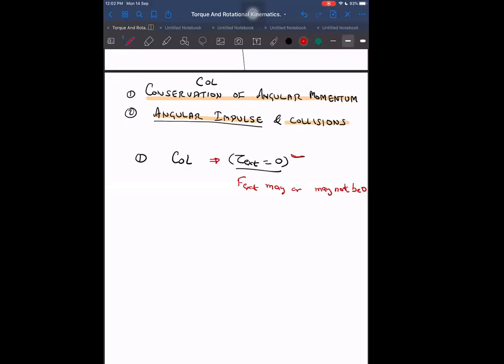Yes, because due to external force, torque may or may not be 0. Sometimes external force will be there. If there is no external force at all, then we don't even have to think. When there is no force, obviously no torque. Yes, sir. Then automatically angular momentum will be conserved. But even when external force is there, we have to be careful that external force may be there, but external torque may be 0. One more thing.